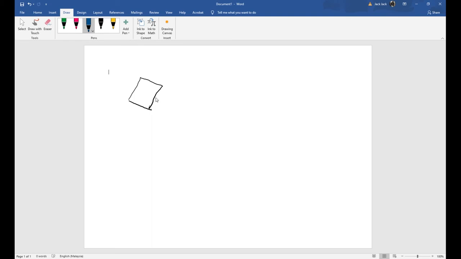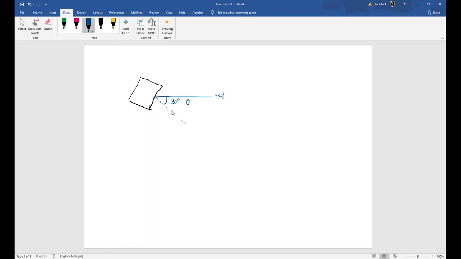So the theta can be defined like this. This is our reference point, and the 30 degrees is defined from this reference point to the perpendicular line to this plane. So this is your 30 degrees.